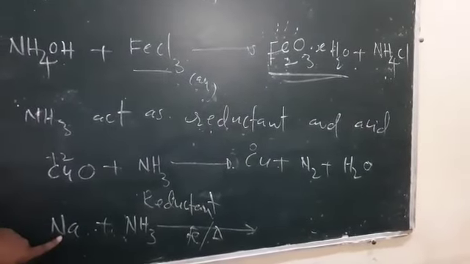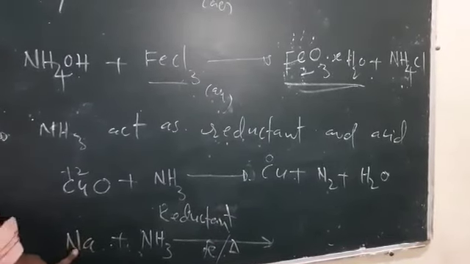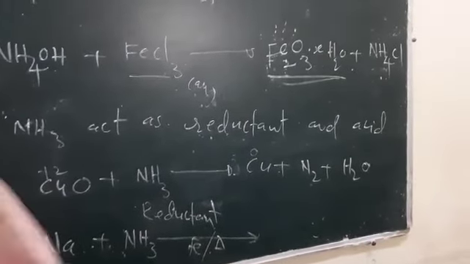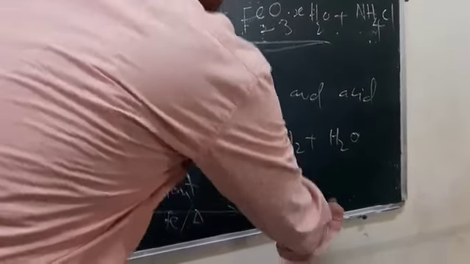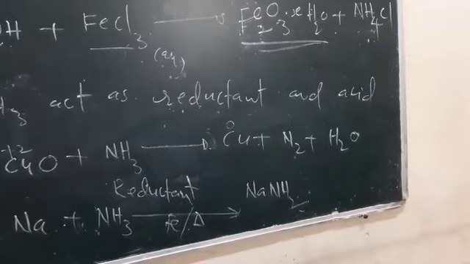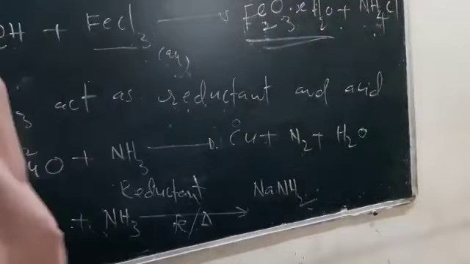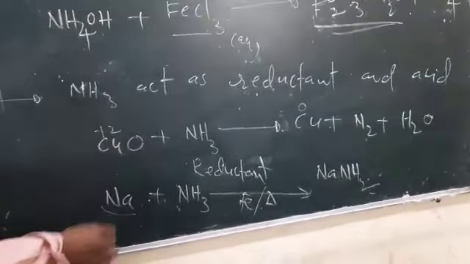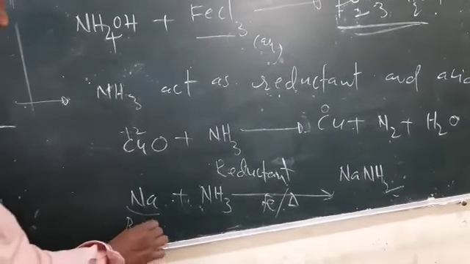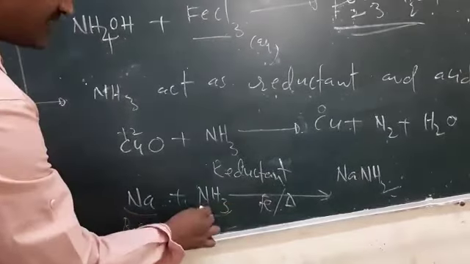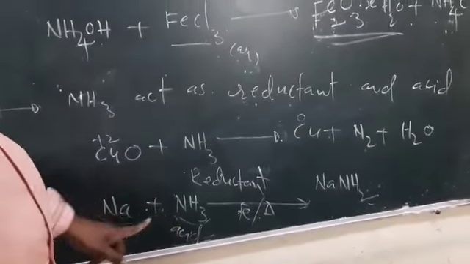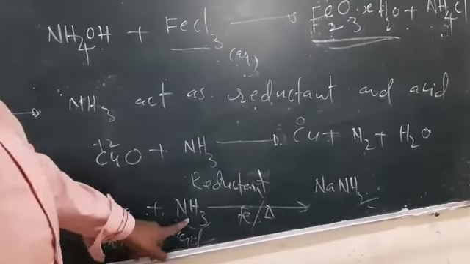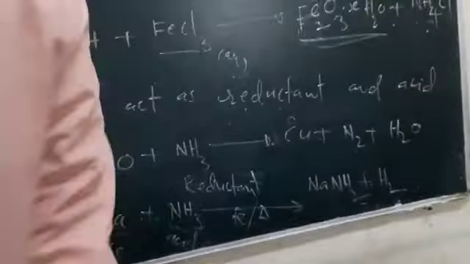Sodium, an active first group metal, when reacting with ammonia forms sodamide, NaNH2. Here the metal acts as a base, since generally first group metals act as bases, and now ammonia acts as an acid. So both react to form sodamide with liberation of hydrogen gas. Next.